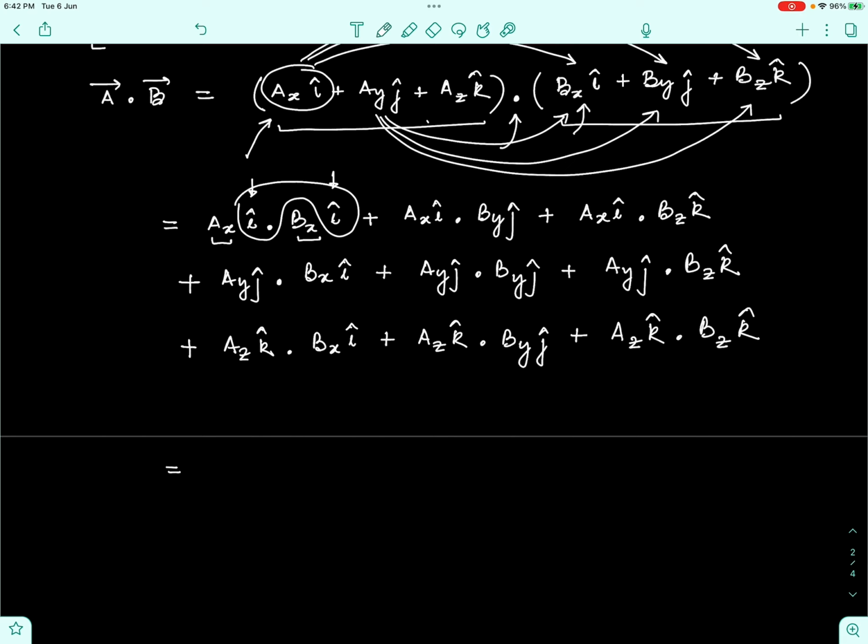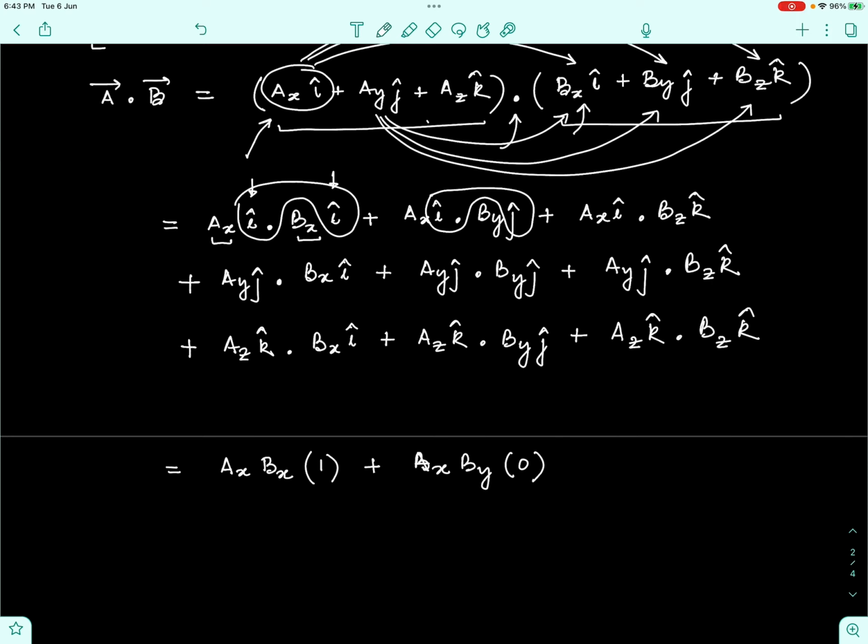So what we are getting here from the first term is ax and bx, which I can write just like that because these are just numbers, and i cap dot i cap we have just now obtained, it is 1, right? Plus the second term, ax and by are just numbers, and then i cap dot j cap, which we know is 0 because i cap and j cap are perpendicular to each other, so 0.